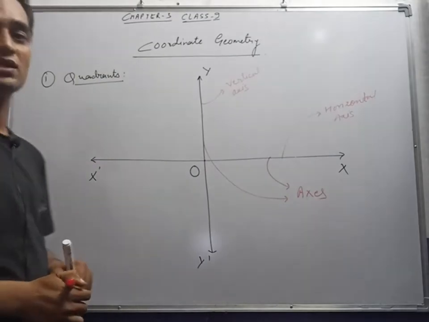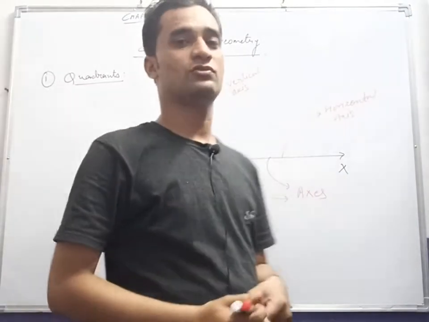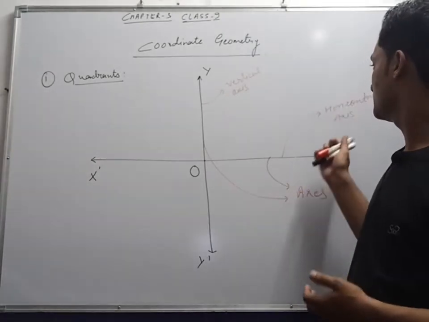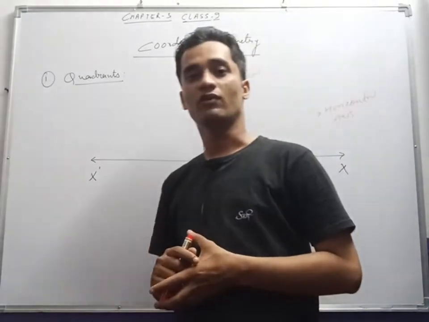So if somebody asks you in coordinate geometry the name of the horizontal axis, that is the x-axis, and the vertical axis is the y-axis.